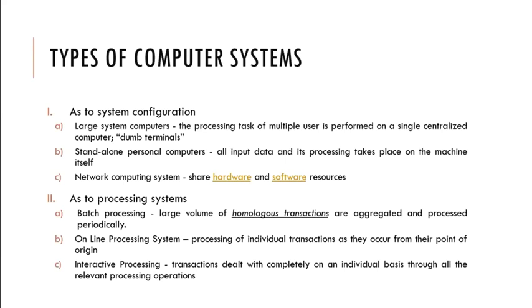That way we know the impact if there is an error in this computer, whether it is wrong based on the other, or whether they are connected and the error creates a domino effect. That is the reason why we need to know the types of computer systems our audit client is using. As to system configuration, we have large system computers. Here, the processing task of multiple users is performed on a single centralized computer.